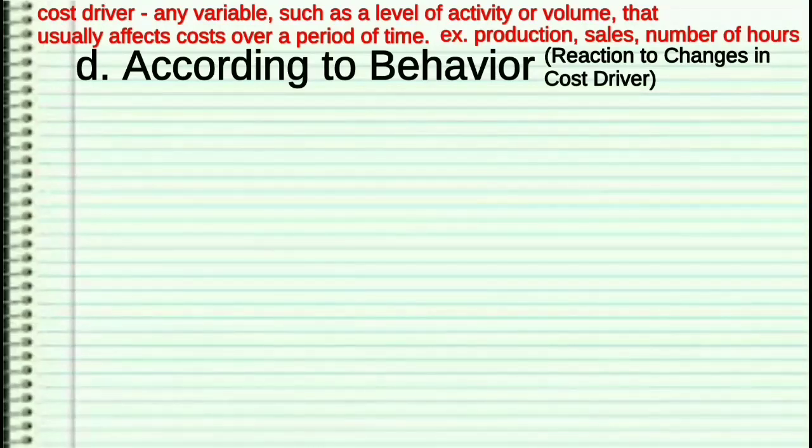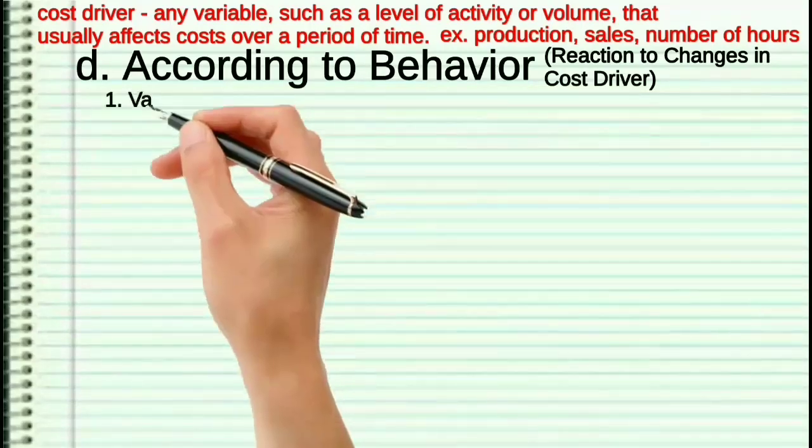So dito sa classification of cost according to behavior, pag-aaralan natin yung reaction ng different cost kapag nagbago ang cost driver. Under this classification of cost according to behavior or reaction to changes in cost driver, we have three costs.